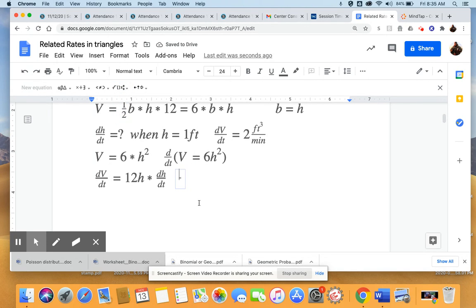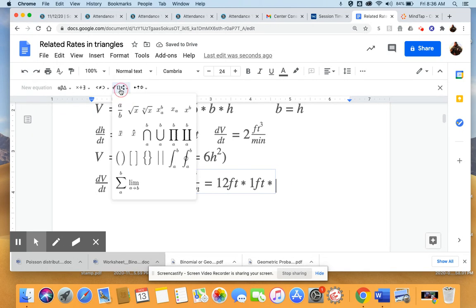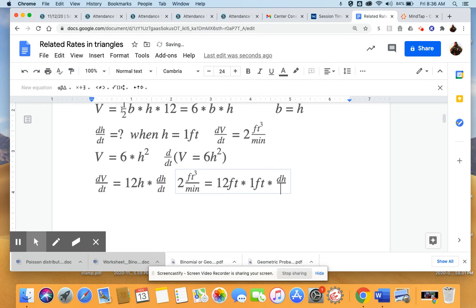So we know we've got feet cubed per minute is equal to 12, and again that's 12 feet, times the 1 foot that they told us to plug in, times dh over dt.